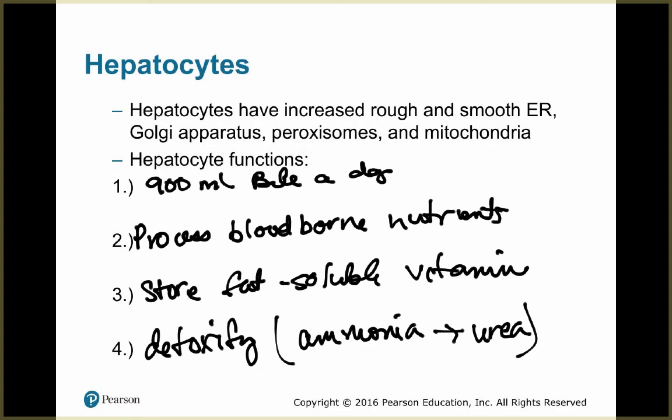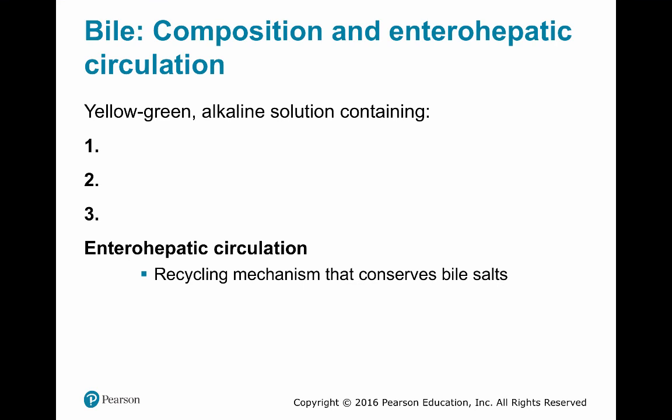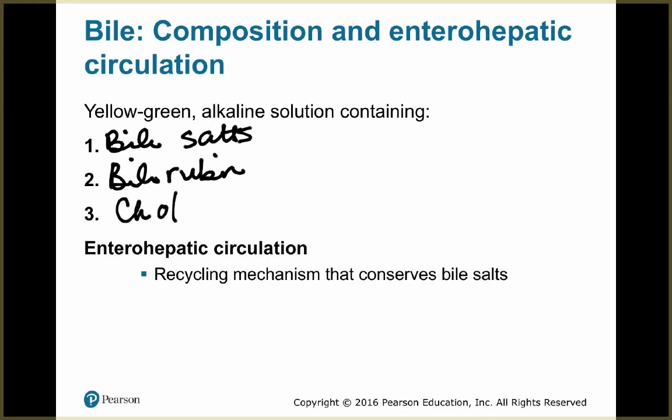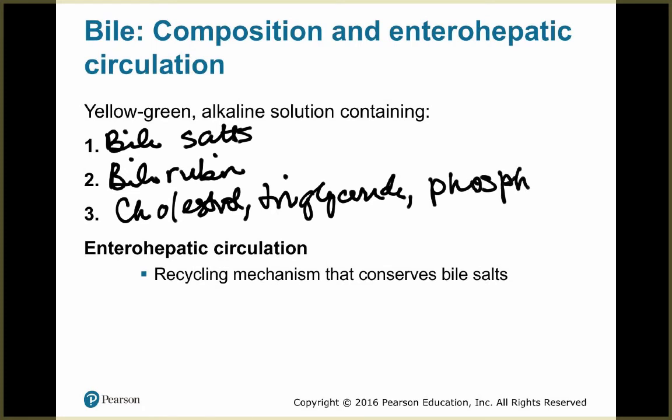Now, when we're talking about hepatocytes making bile, what exactly is bile? It is actually this yellow-green alkaline solution, and it contains bile salts, bilirubin, and things like cholesterol, triglycerides, phospholipids, and electrolytes.